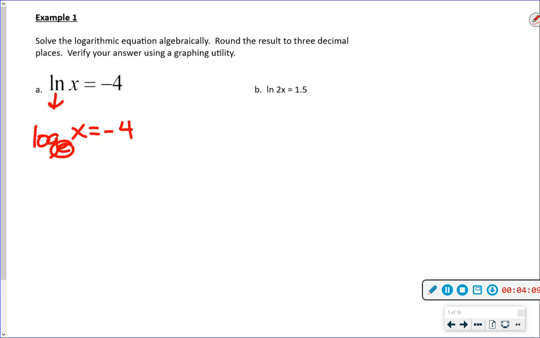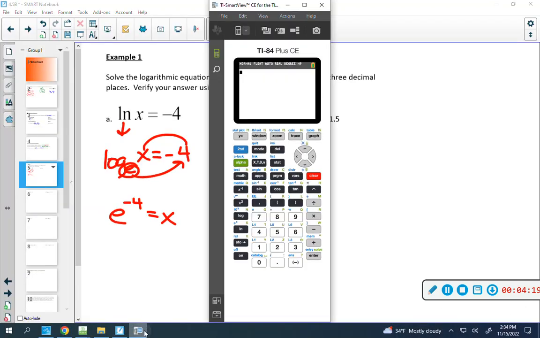The base to the opposite side equals what we have left over. And I can type in my calculator e to the -4. That's why I've got the calculator up. Remember, I'm not going to type them all in, but I'll do a couple for you. Second ln, of course. There's the e. Make sure you use the negative sign, not subtraction. It will get angry at you. And it says to round to 3 decimal places. So let's put 0.018.